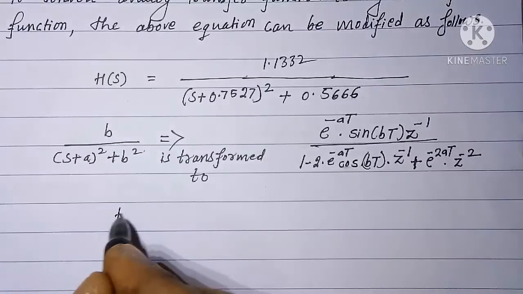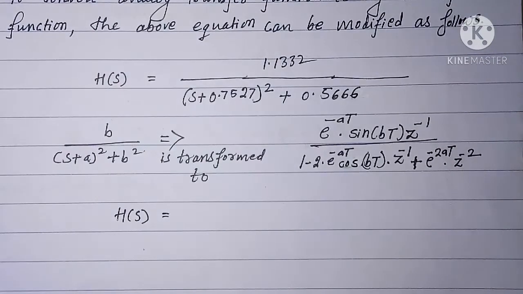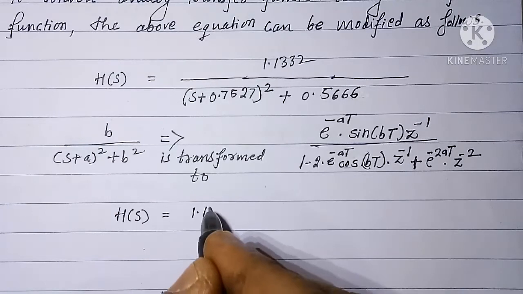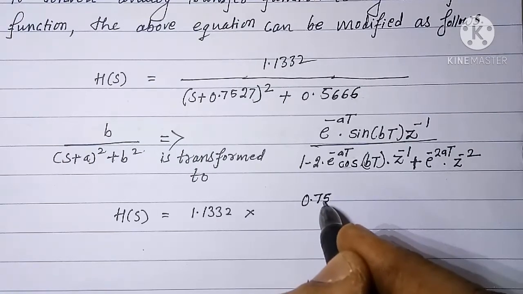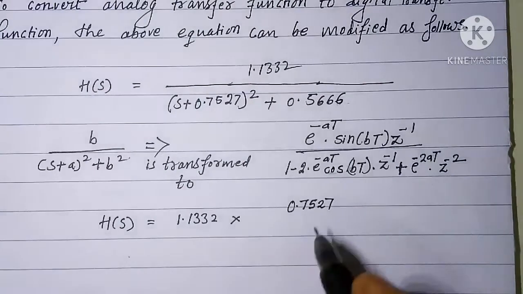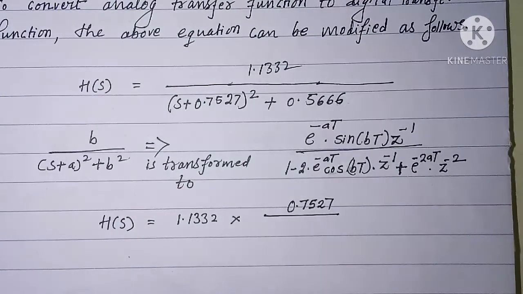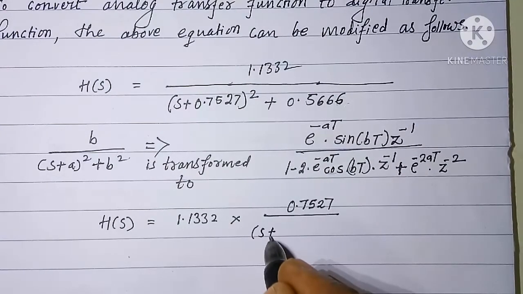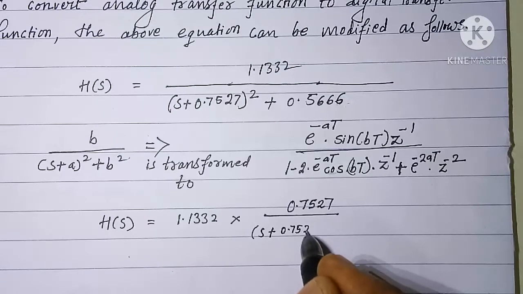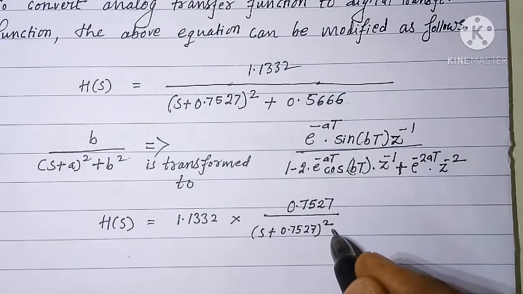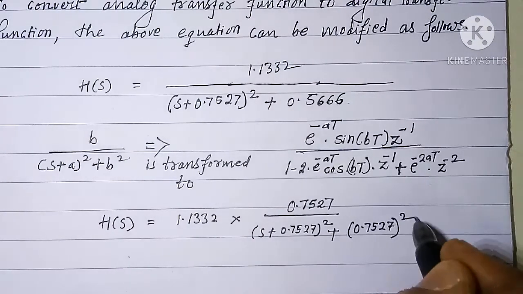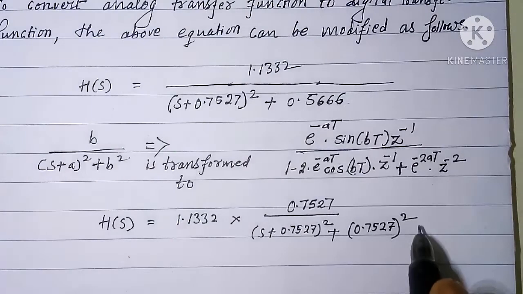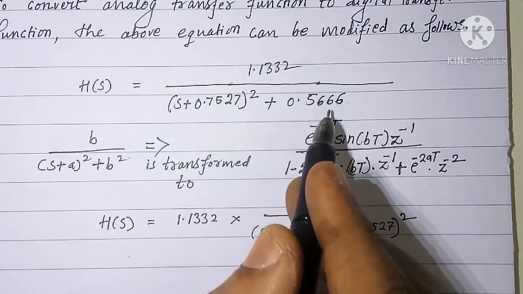That is, we will write H of s as 1.1332 into 0.7527 divided by (s plus 0.7527) whole square plus 0.7527 whole square, because 0.7527 whole square is 0.5666.